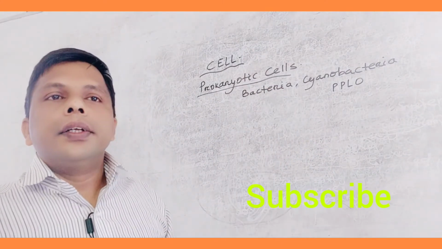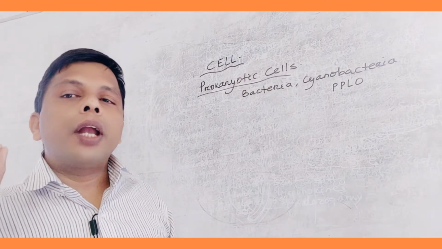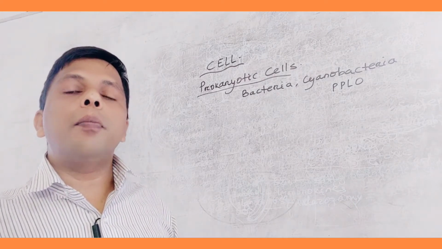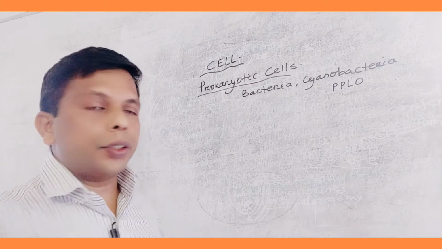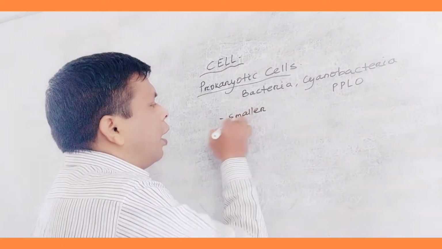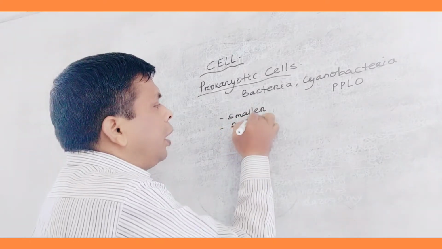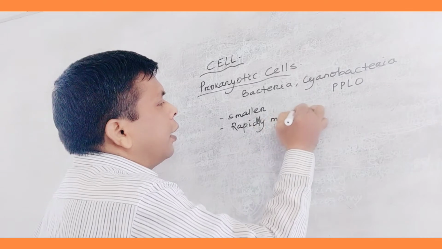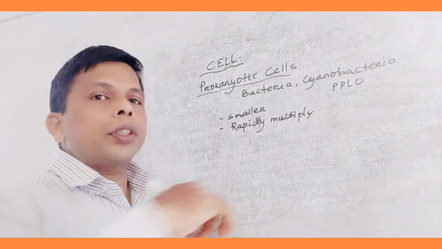Generally, the prokaryotic cells are very much smaller and multiply more rapidly. Basic features: these are smaller in size and multiply rapidly than other cell types.